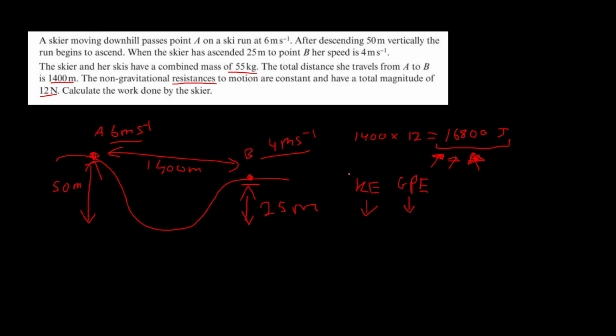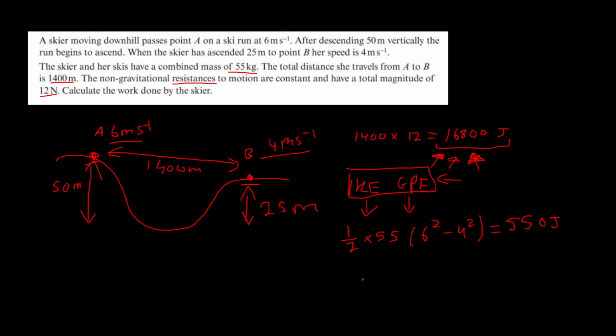And that's because these types of energy are being spent for the motion to occur. So let's calculate how much kinetic energy and potential energy is actually spent in this journey. To do that, all we have to do is calculate the change in kinetic energy and the gravitational potential energy. So I'll do half times 55 times 6 squared minus 4 squared. And that equals 550 joules.